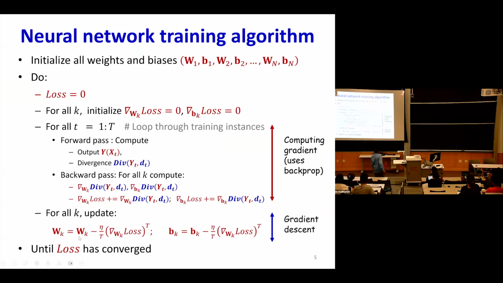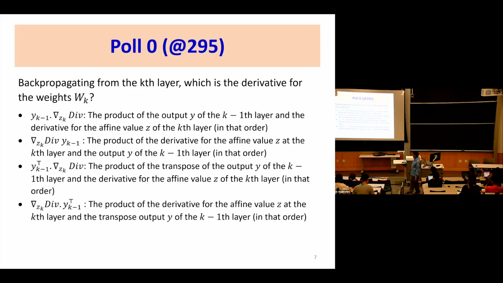So when you train the network, for each instance, we had to first pass the instance through the network in order to compute the outputs and the intermediate variables. Then we pass the gradients of the divergence back through the network, and that passing of the gradient back through the network was what we call backprop. And once backprop was completed, we use the gradients that we had computed to update the model parameters. Right? So here's your first quiz.